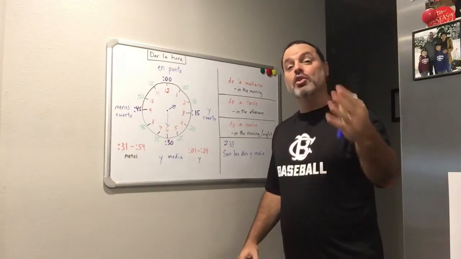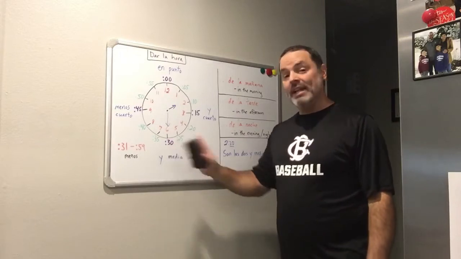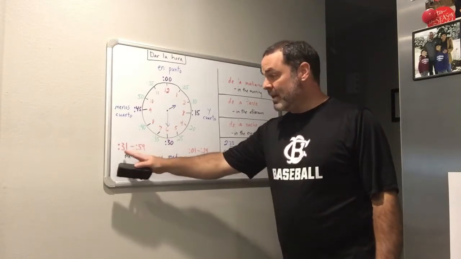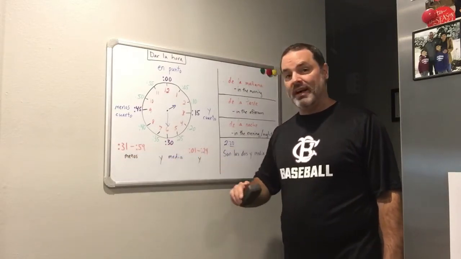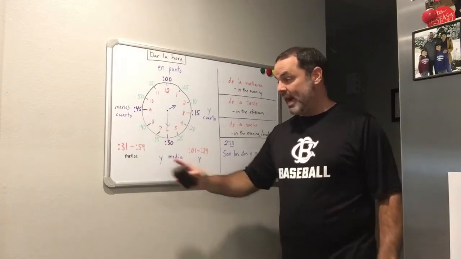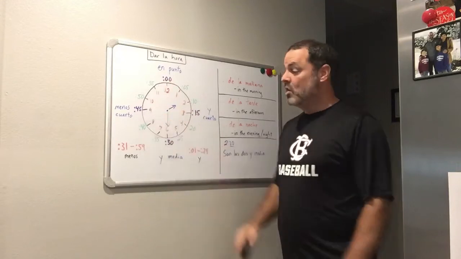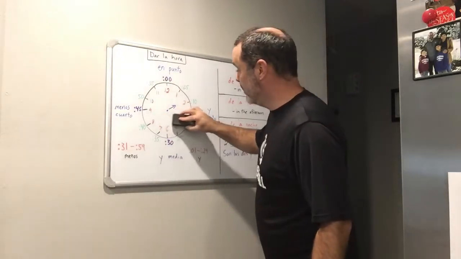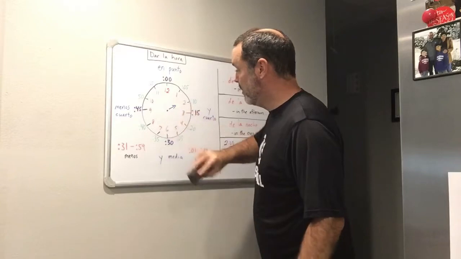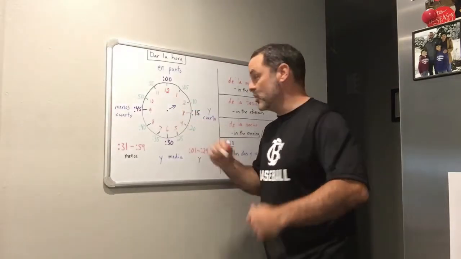Now, here's where we get a little bit confusing, but if you think about it, put a little thought, you should be okay. When I look at the minutes, and the minutes are in between 31 and 59, okay, now listen to this. I have to bump up to the next hour and subtract. So, let's take an example and let's look at 45 because we have that special word.